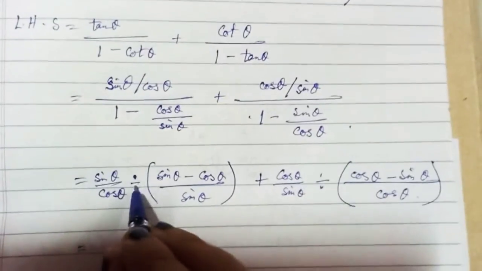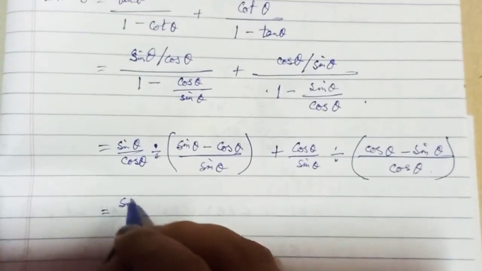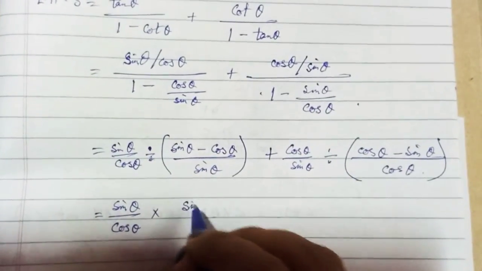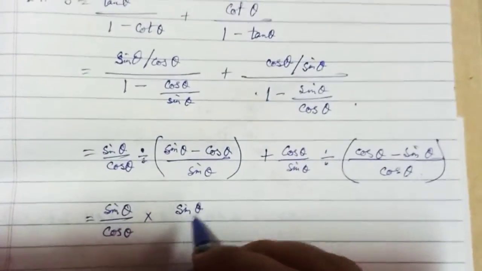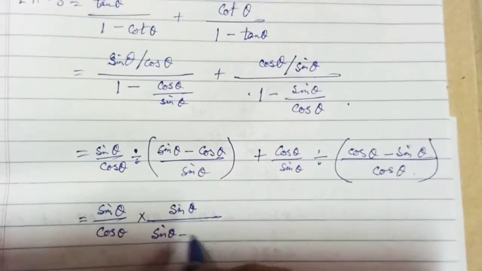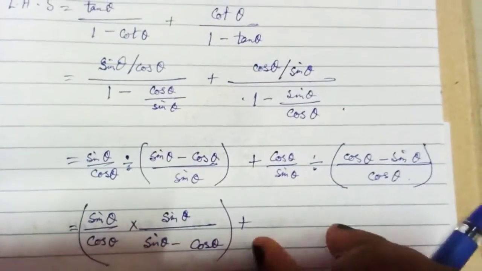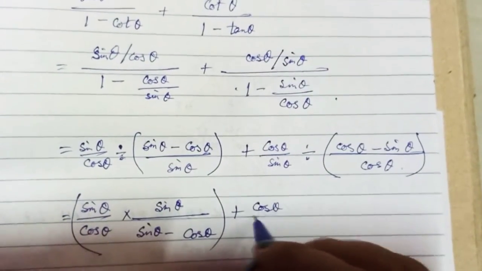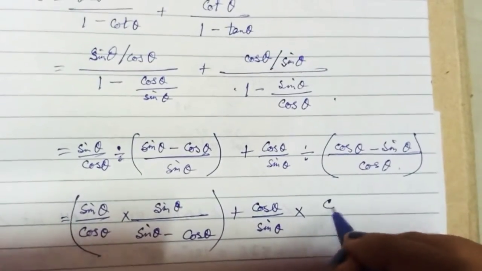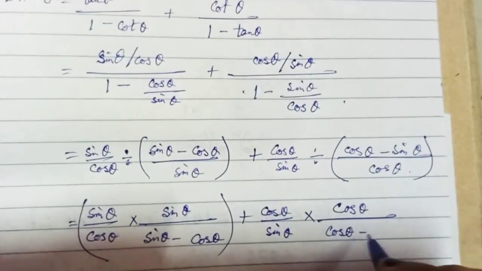Okay, now just change the divide sign into multiplication sign. So sine theta by cos theta multiplied by the reciprocal, so just the inverse of that: sine theta minus cos theta. This is the one part, and another part cos theta by sine theta multiplied by the reciprocal of that, cos theta minus sine theta.